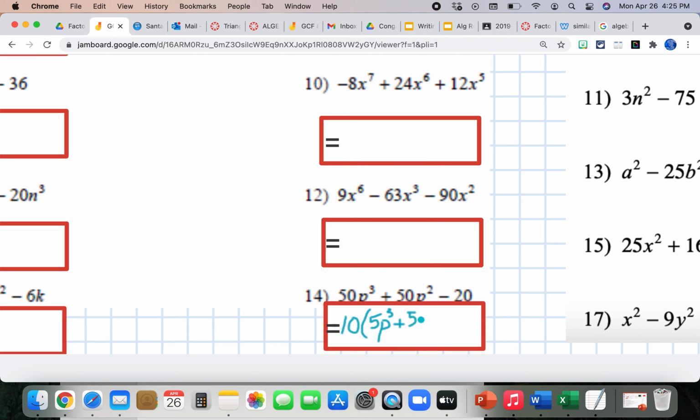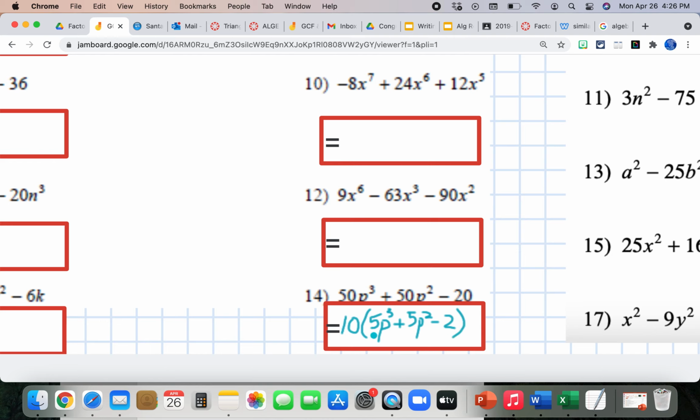And I want P squared, so this is going to be P squared. I write it in here. Next, divide 10 into negative 20, or you can say 10 times what makes negative 20? That would have to be negative 2. 10 times negative 2 will give me, 10 times 2 is 20, and I have the answers.